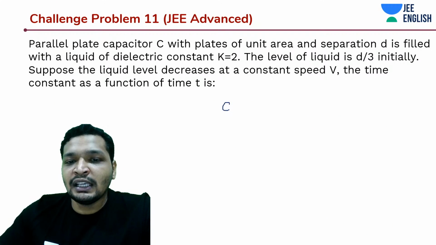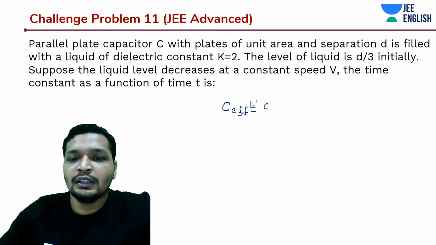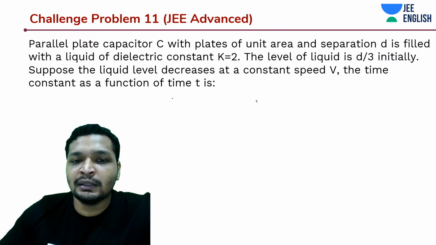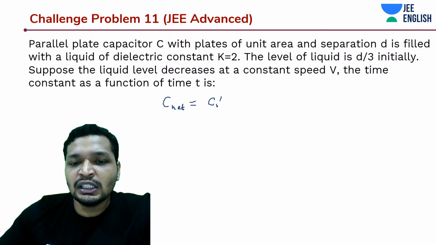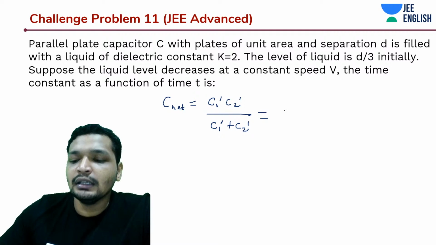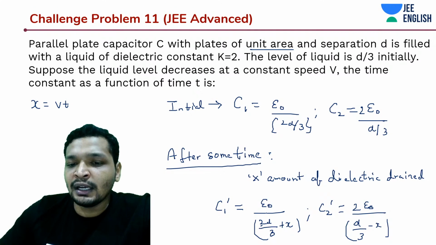So what is C effective or C net? Okay, let's take some space. It's a little mathematical, don't worry about it. C net is equal to C1 dash C2 dash divided by C1 dash plus C2 dash, because they are in series, right? So what is your C1 dash?